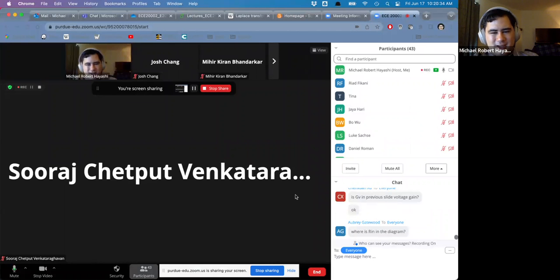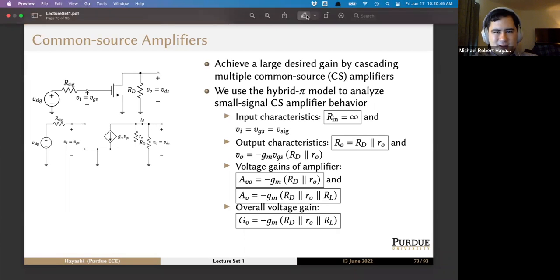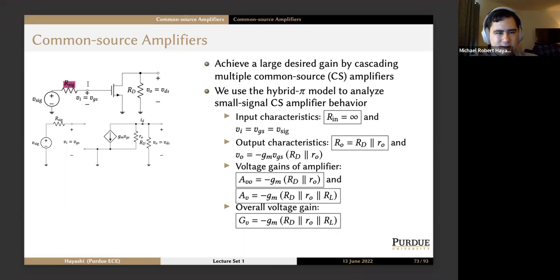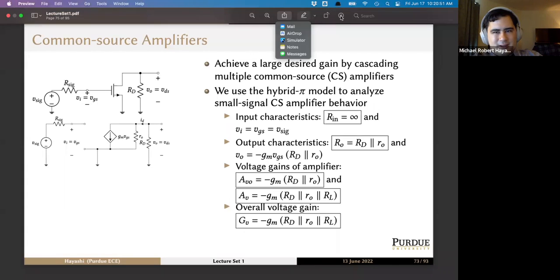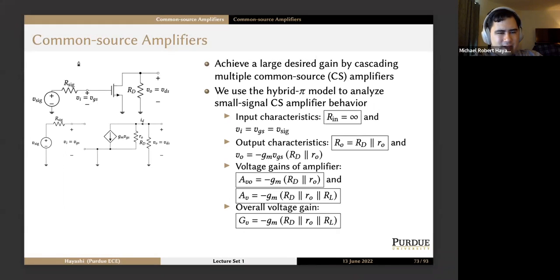Where is Rin in the diagram? Let me see if I can get preview to respond. I want editing, freeform.